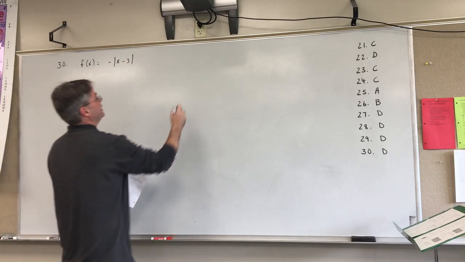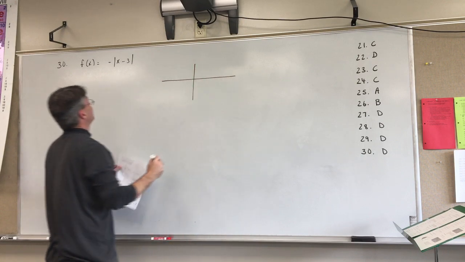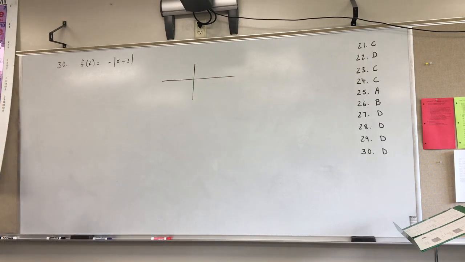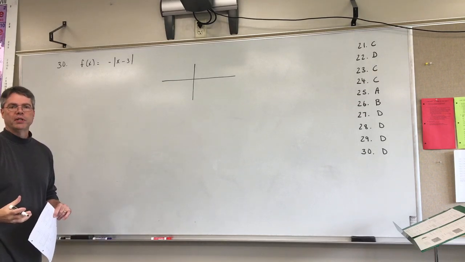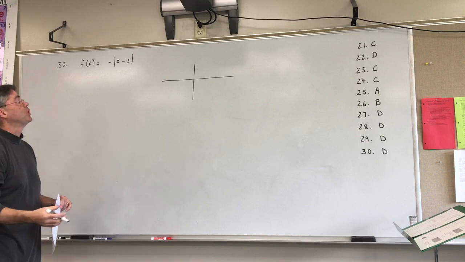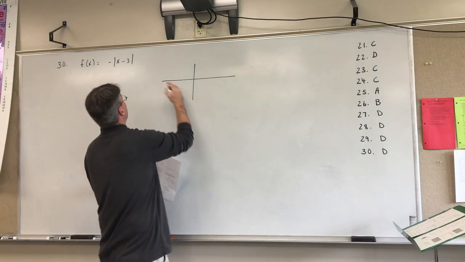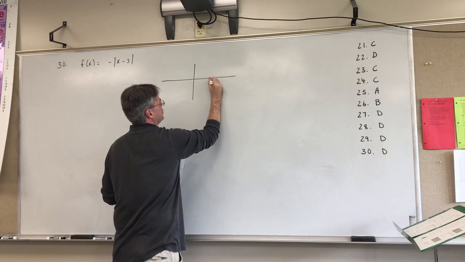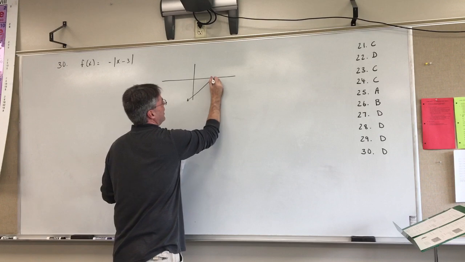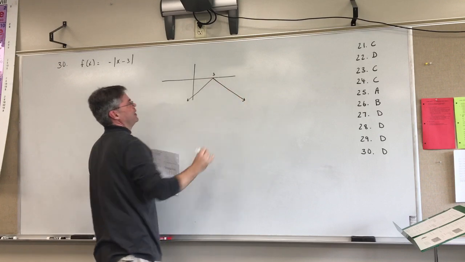What you need to do is plot this. Absolute value is a graph with straight lines and a sharp turn. The negative means it's below the x-axis, and when x is 3, y is 0. So this graph looks like that, and they just expect you to kind of know that.